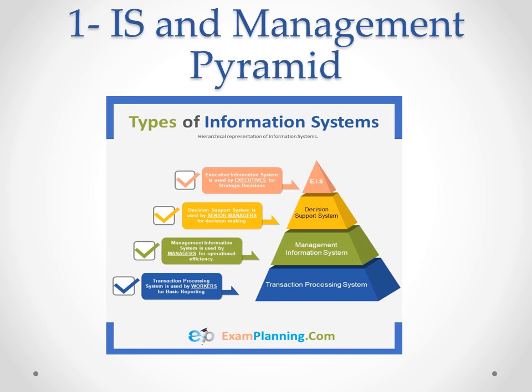On moving up to EIS, executive support systems, they are used to support strategic decisions at the strategic management level. Such decisions are like what the number of sales will be in 5 years, or what the number of employees will be in 4 years in the organization.